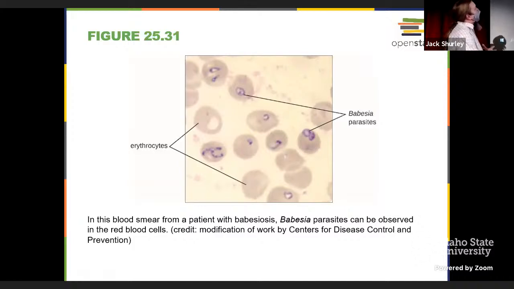So as we shift over a little bit, Babesia, there are a handful of different Babesia species. Babesia microti is a good one for people. There's some other ones that we think about with some livestock. Infection with this causes babesiosis, and the Babesia parasite, as we see here in these red cells, is transmitted to us through the bite of a tick.